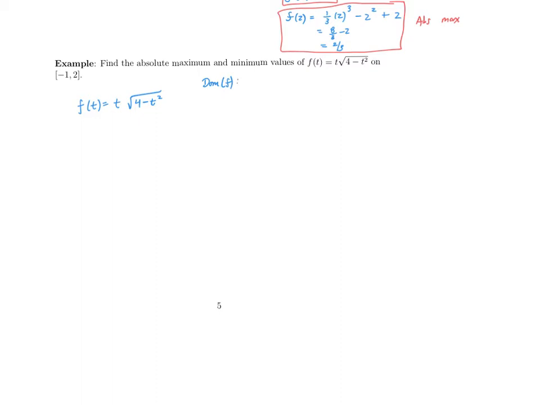So in terms of our function f, all we would really have to worry about is that whatever we are taking the square root of cannot be negative. So t squared has to be less than or equal to 4. And what that tells us is the domain would be from -2 to 2. If t is larger than 2 or less than -2, then this inequality will not be satisfied.